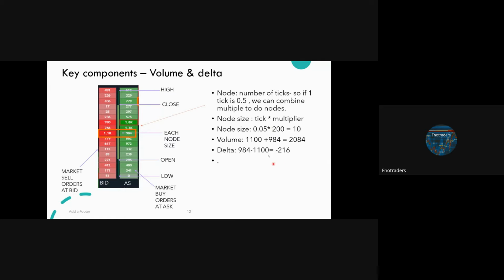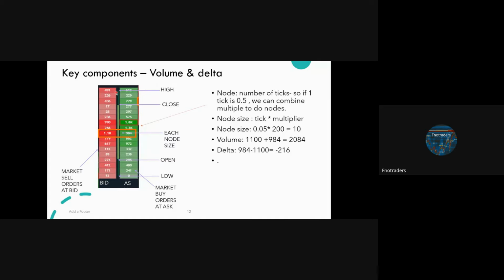In the settings, when you select a particular number of node combinations, basically how many ticks you are clubbing, they form one node. In our Indian markets, each tick is 0.05. If I put a multiplier of 200, 0.05 times 200 becomes 10. So each node is a 10-point range in Nifty or Bank Nifty or whatever you trade. This is one thing you have to remember.